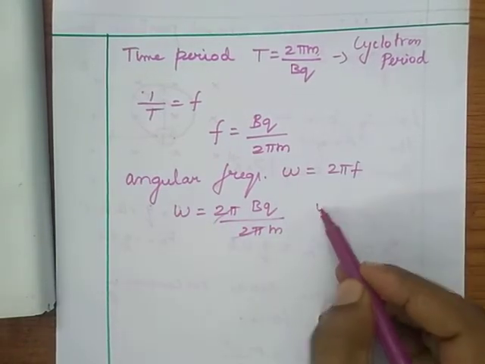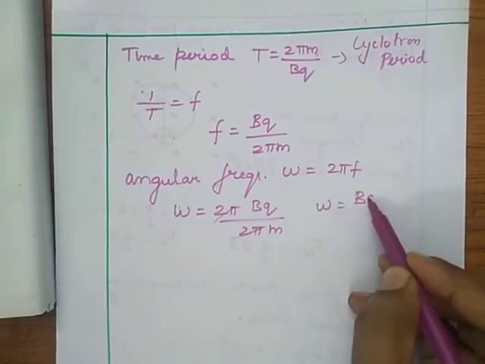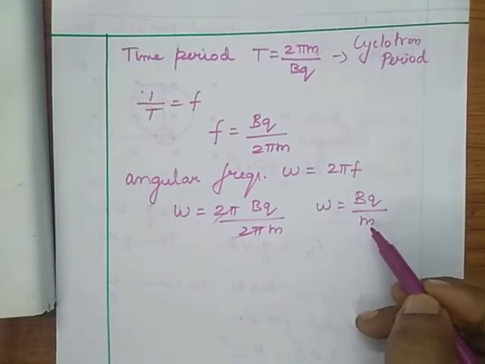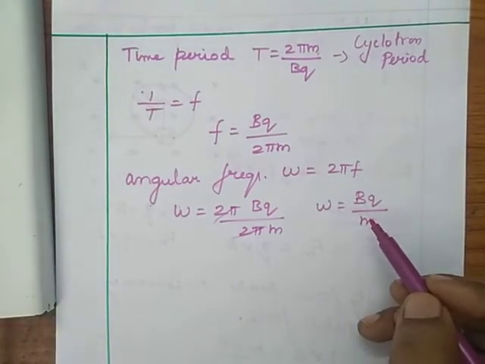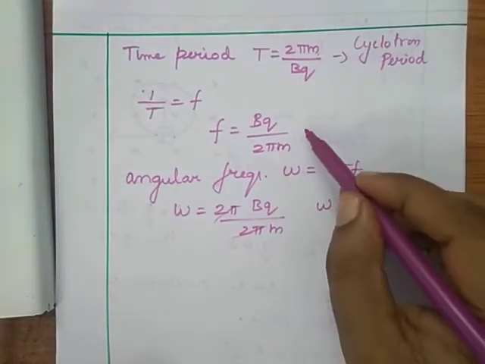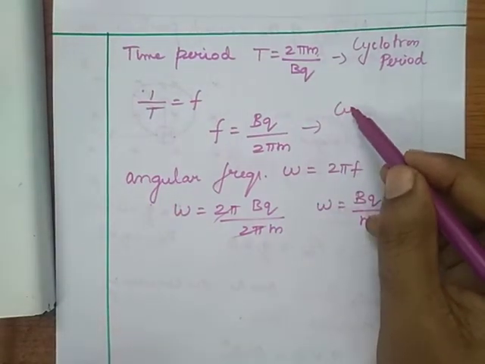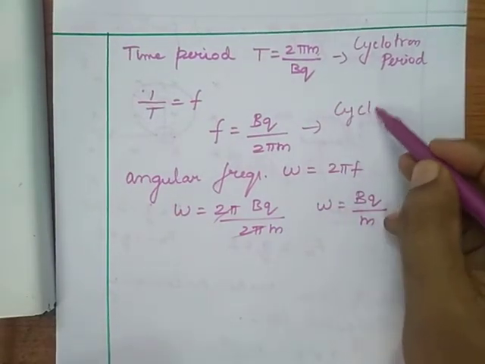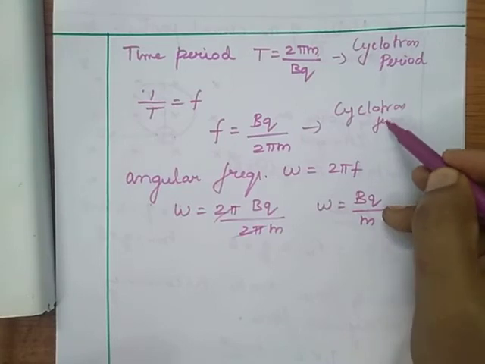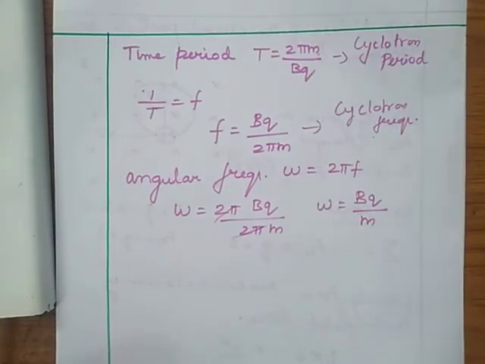The 2 pi cancels, and we get omega is equal to Bq by m. It is the angular frequency. This frequency is known as the cyclotron frequency or gyro frequency.